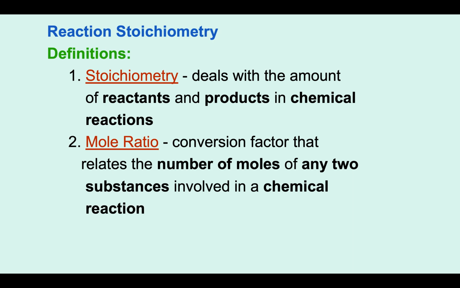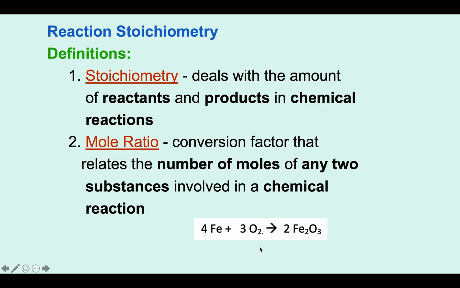Right? Any 2 of them. So for instance, the mole ratio of iron to oxygen is 4 to 3. The mole ratio of iron to the rust product ferric oxide is 4 to 2.